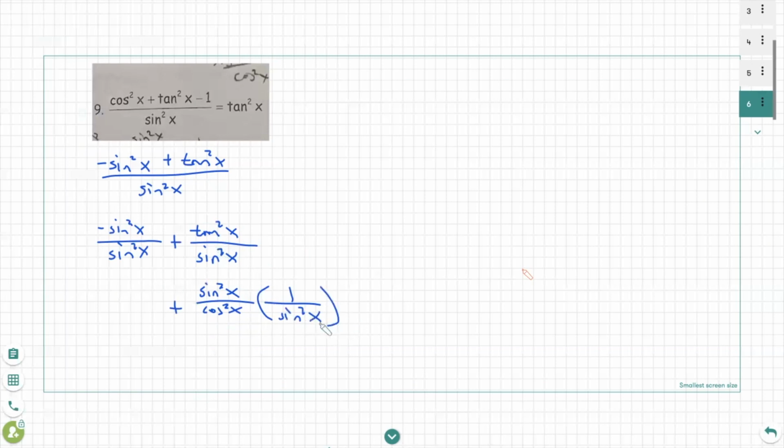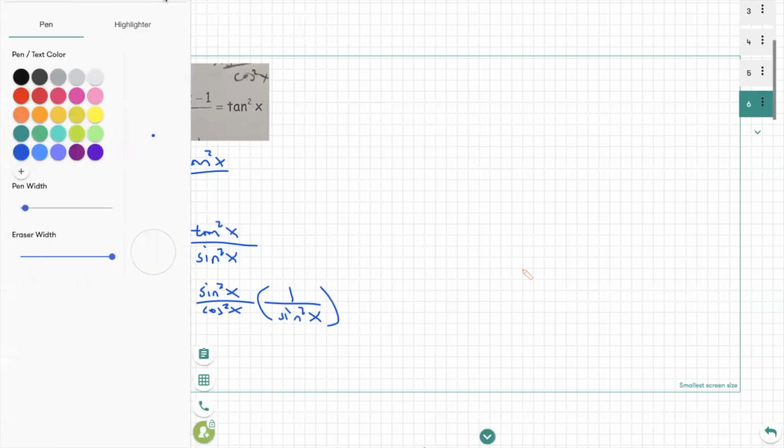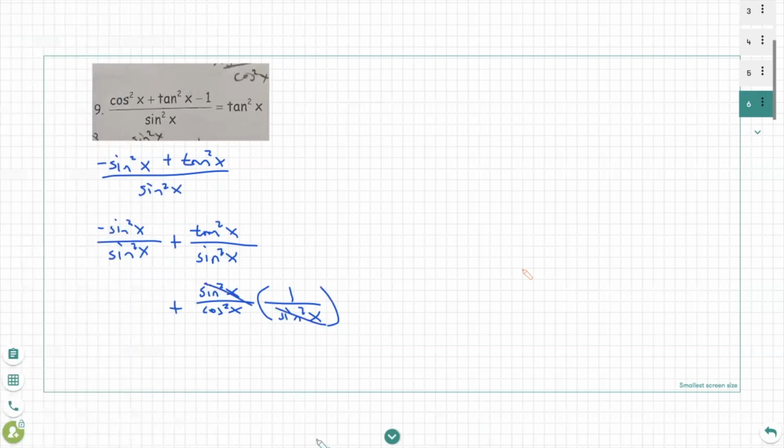So we're multiplying by the reciprocal, or this is the same as dividing by sine squared x. I guess the left side cancels out to -1. So it's -1 plus 1 over cosine squared x.